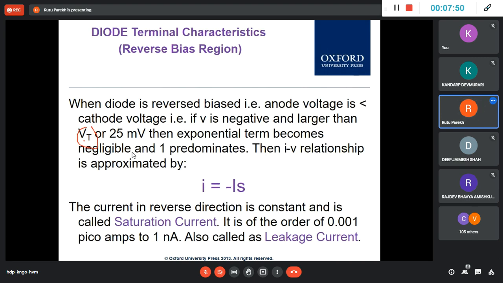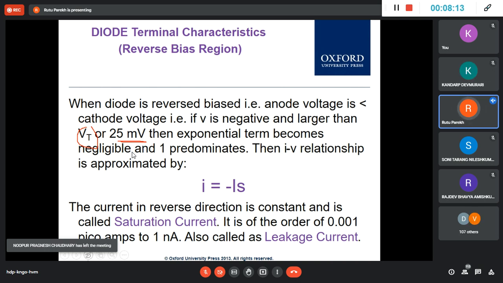And so when the voltage is greater, 25 millivolt is a small value. Okay. So how many millivolt makes 1 volt? 1000. So 25 millivolt is very less when we are talking of 5, 10 volts in the reverse bias.